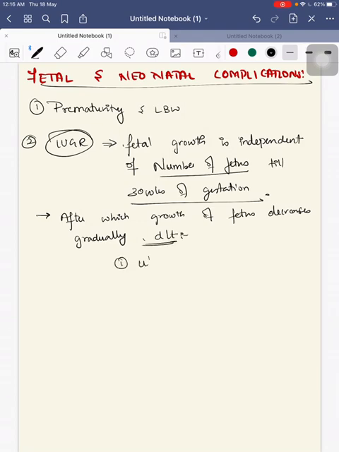It can be due to uterine crowding. Second, because of limitation of placental perfusion. Third, it can be due to anomalous umbilical cord insertion.